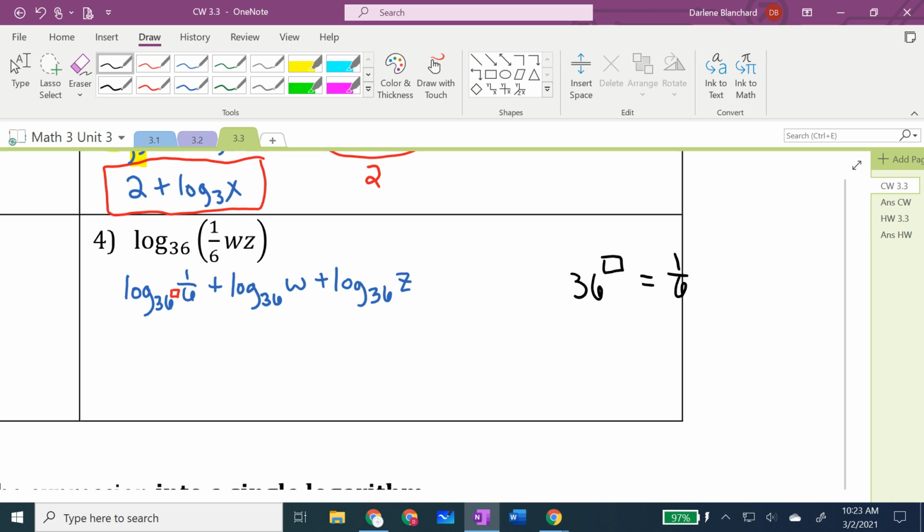Good, 6. And this is why you want to be familiar with your perfect square numbers and your perfect cube numbers. So 36 all by itself is 6 squared. And by understanding exponent rules, we know that the 2 will multiply to whatever that exponent is.